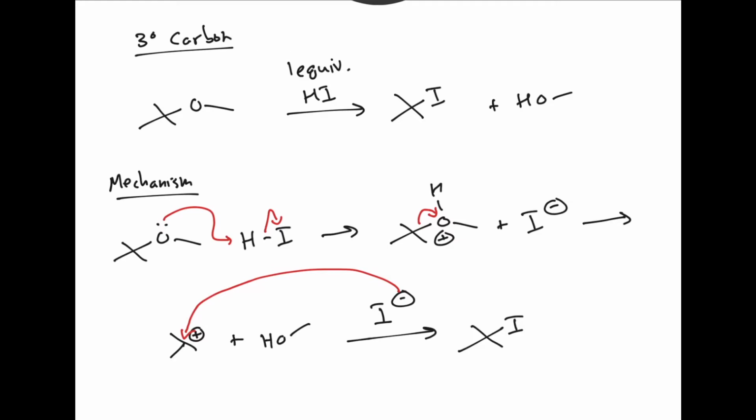So you have two different mechanisms based on how easy it is to make your carbocation. If you can make a tertiary carbocation, you put your halide on the most substituted carbon. Anything else, you're going to put it on the least substituted carbon.